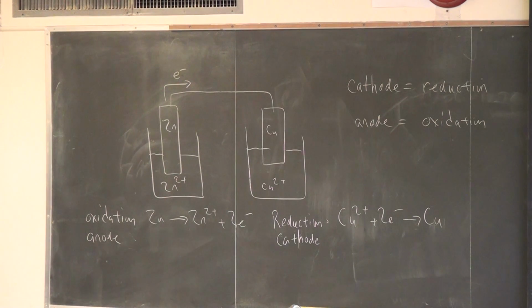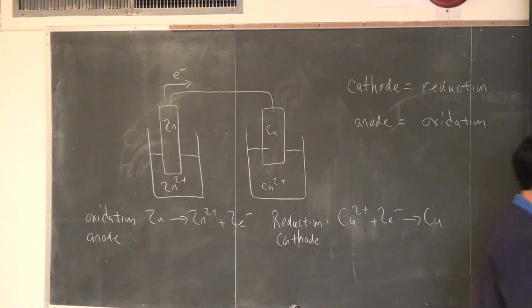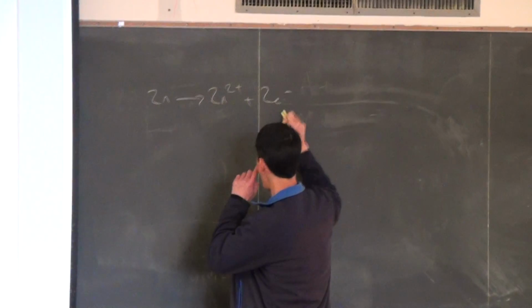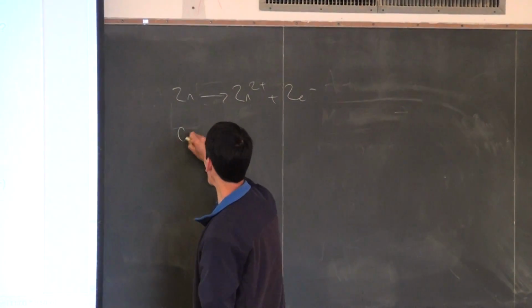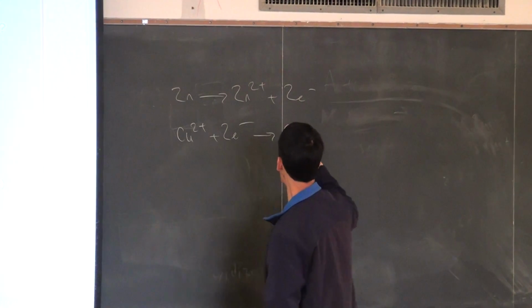What is the overall reaction? Okay, so here's our 2 half reactions. For our overall reaction, we can just add those 2 half reactions together. So we have zinc going to zinc 2+ plus 2 electrons, and there's 2 electrons and copper.